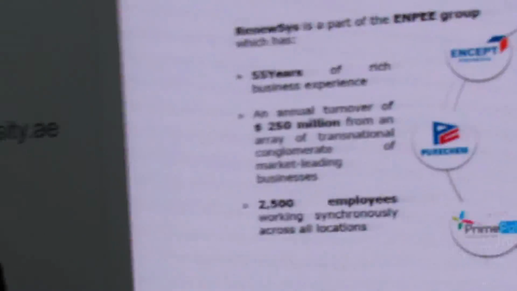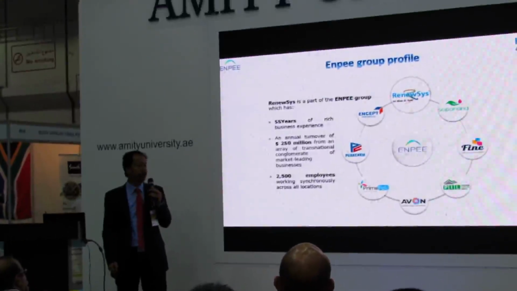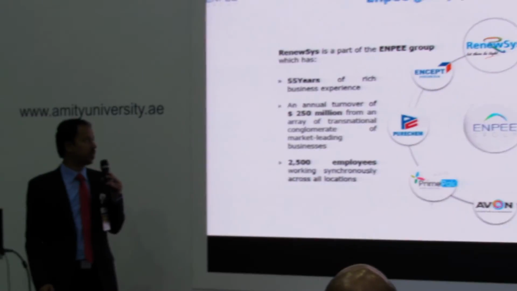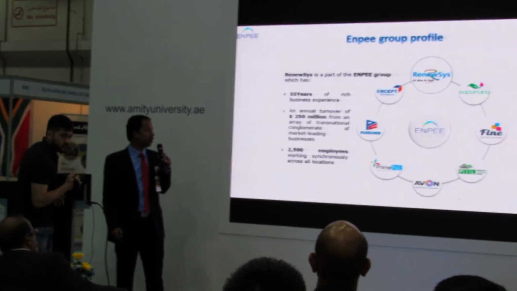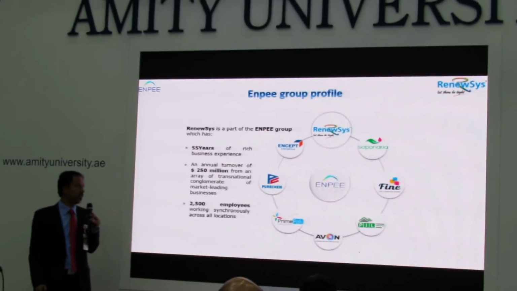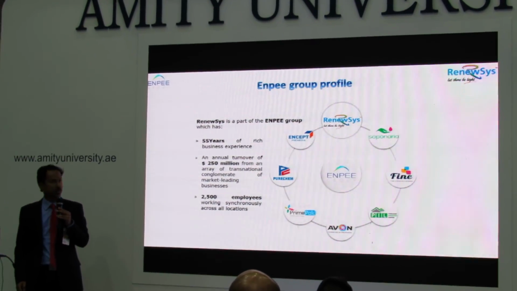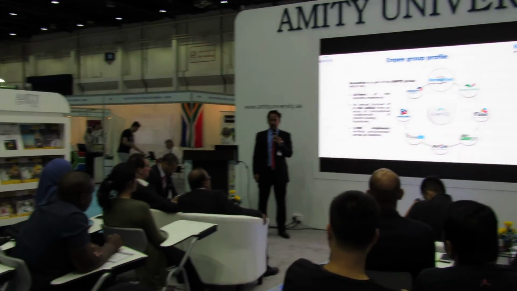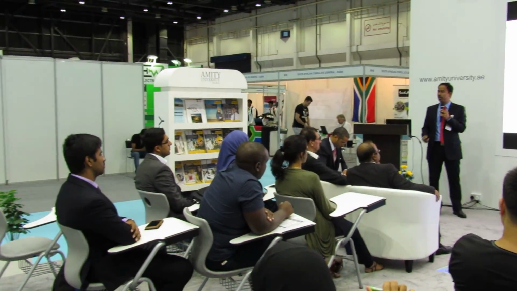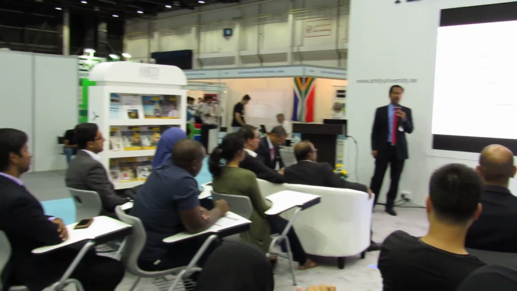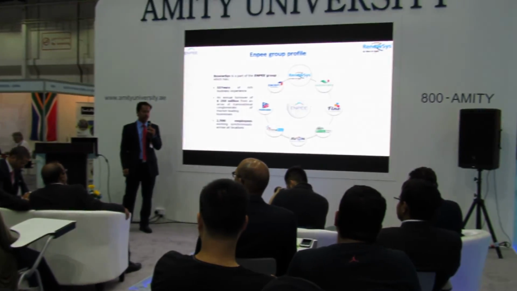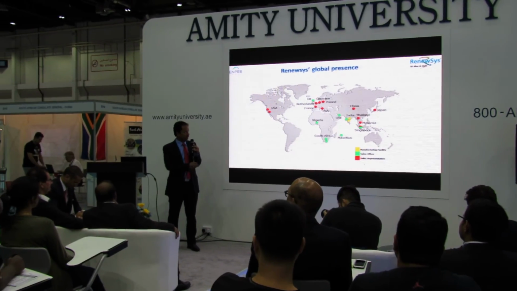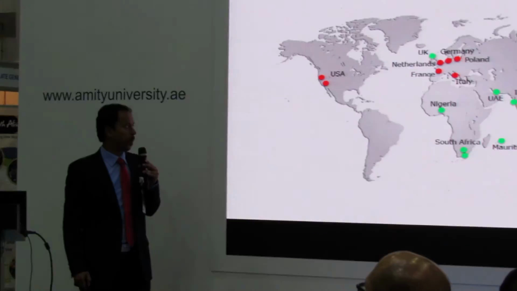A quick introduction about my company. Renesas is part of the NP group, which also houses other business units like Pidilite, Prime Pack, Avon, PIL Industries, Sapanoria Chemicals, and it's a 55-year traditionally rich, experienced company. Started its operation in Nigeria and having global offices in all these locations.